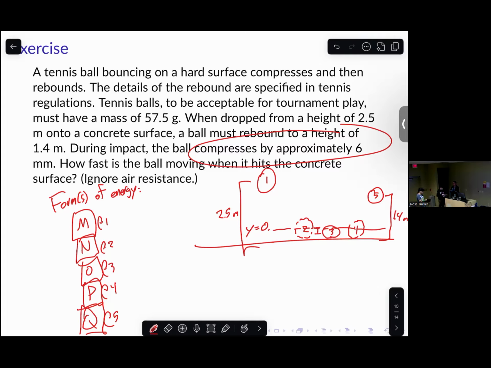Look very carefully at where I defined y equals 0. There is also potential at time 3. There is a y at that time. It is pancaked. The center of the ball is below the origin.